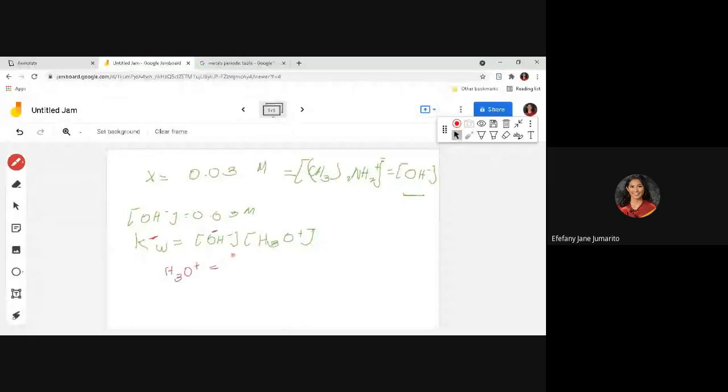H3O plus concentration is equal to Kw over OH minus, so that is 1.0 times 10 to the negative 14 divided by the OH, which is 0.03 molar. Now, what is H3O plus?